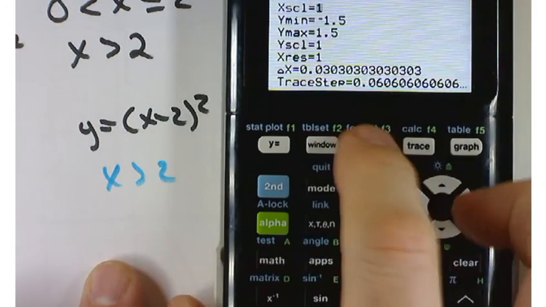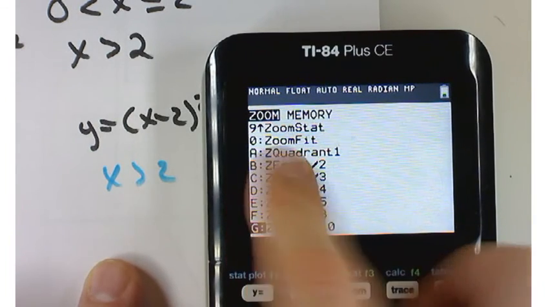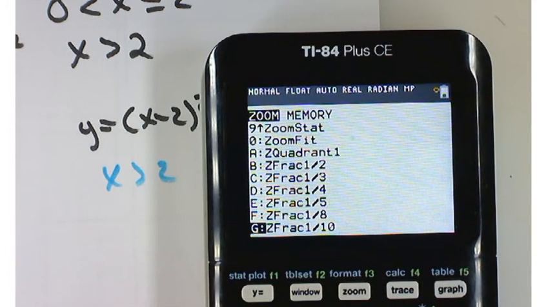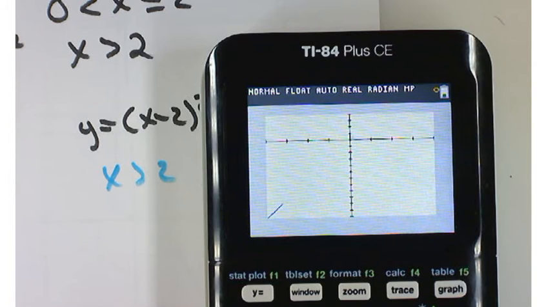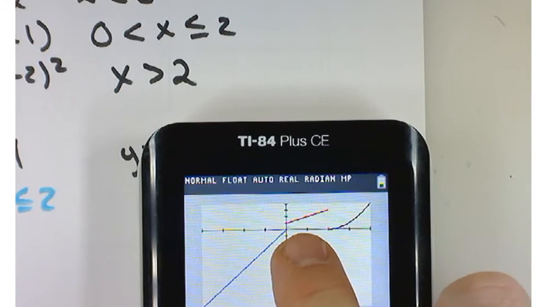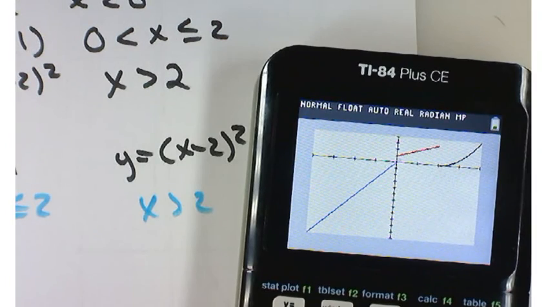If you hit the zoom key and then the number 0, zoom fit, your calculator will automatically adjust the y values so that your graph is what it's supposed to be. So there's the first part, your graph of 3x. There's the second part, x plus 1. And there's the third part, which is your parabola.